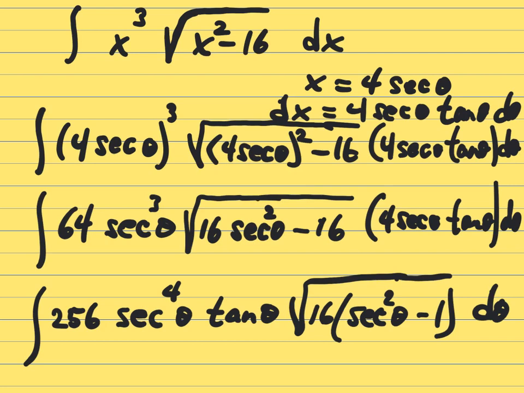Okay, on the next slide, we're going to change secant squared theta minus 1 to tangent squared theta and make that simplification. It's just important to balance out progress versus error.